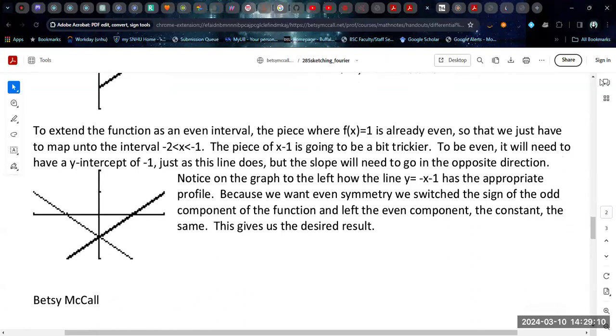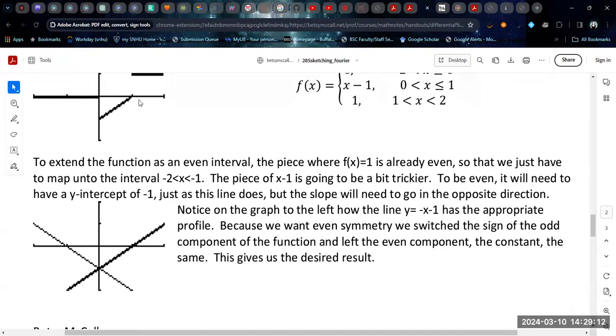Now, for this extension down here, we could extend it in this direction. Think of it like an absolute value for the section from -1 to 0. As we saw with the previous example, because x minus 1 is more odd than even, we would have to flip the sign, but the intercept would still be -1.